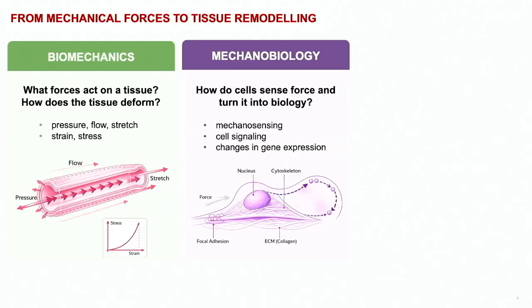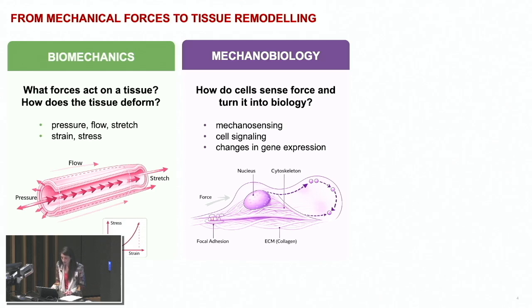To do that, and following up on Ning-Weng's earlier remarks, I first want to introduce two concepts, which are biomechanics and mechanobiology. So biomechanics asks what forces act on a tissue and how the tissue deforms in response to those forces. And then mechanobiology asks, what do cells do with that information? How do they sense force? How do they translate that into a biological response, which may be a change in configuration, a change in attachment, a change in gene expression, and so on and so forth.